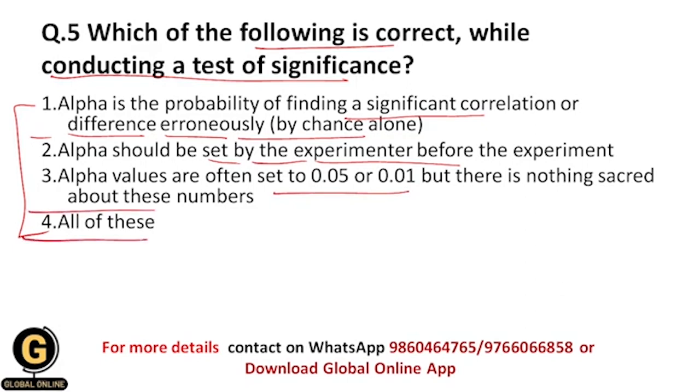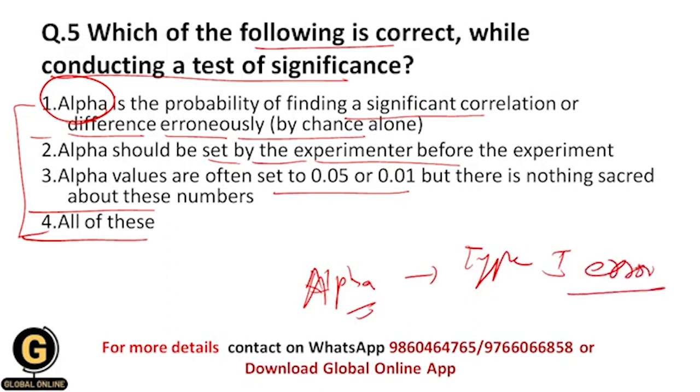So basically, students, test of significance means what? Test of significance is nothing but testing your null hypothesis by using statistical methods in the whole research process. And what is exactly this alpha? As we have seen earlier in this video, type 1 error occurs whenever we are testing the null hypothesis.